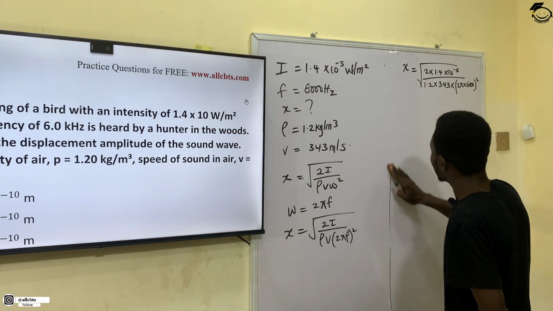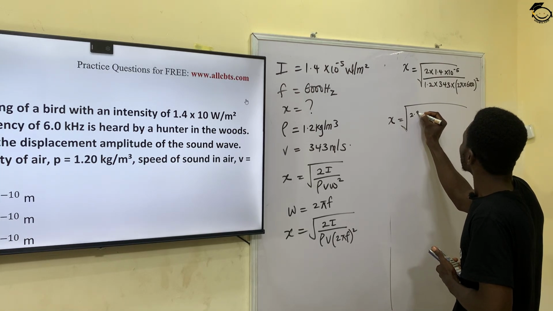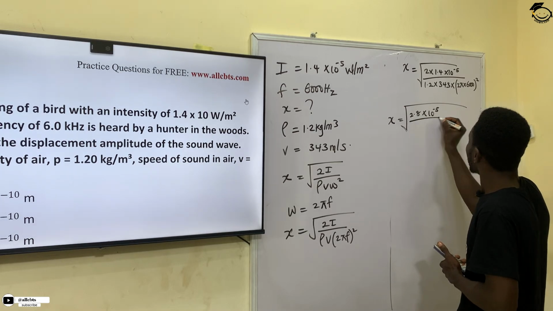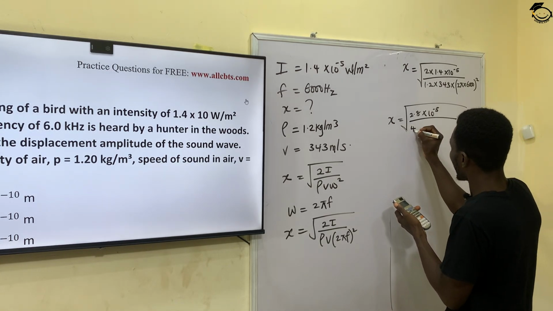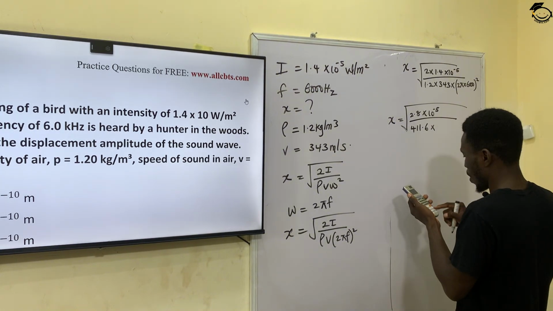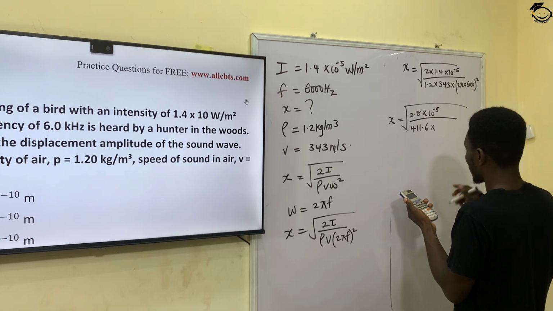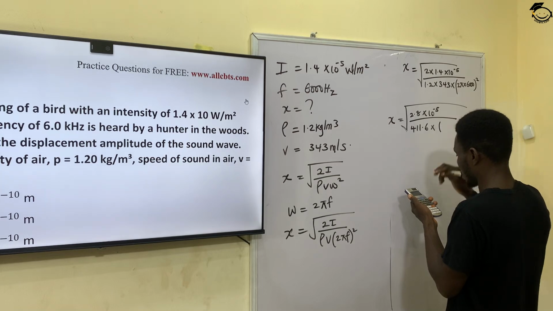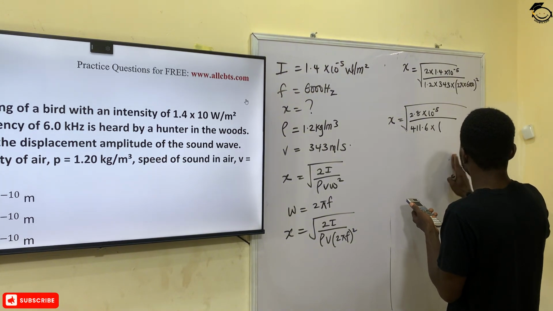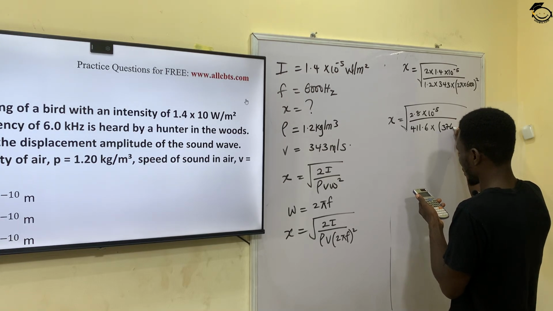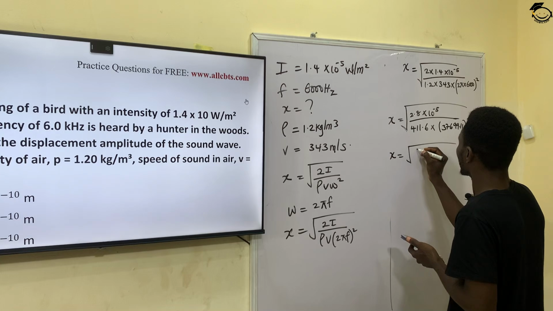So this means that my displacement x will be equal to the square root of 2.8 times 10 raised to the power minus 5, divided by 1.2 times 343, which gives 411.6, times 2 pi times 6,000, which is 12,000 pi, or in decimals 37,699.11, squared.